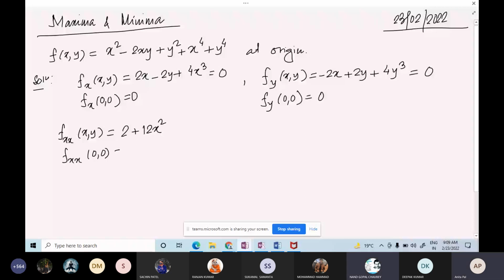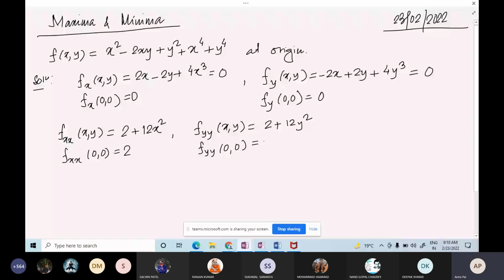It is 2. Similarly, we find fyy, that is del y of del f del y. We already have del f del y, and on that we apply del y. So it will be 2 plus 12y square. What is fyy at 0, 0? It is 2.